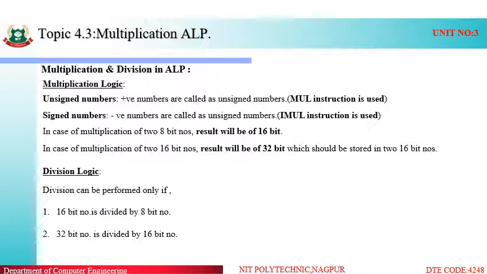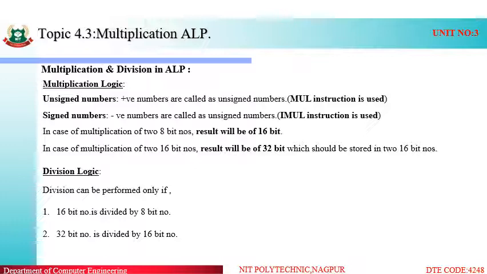In case of division, in division also we have to perform the same operations, that is unsigned and signed. Unsigned means positive numbers and signed means negative numbers. For unsigned division we will use the instruction div, and for signed division we will use the instruction idiv.